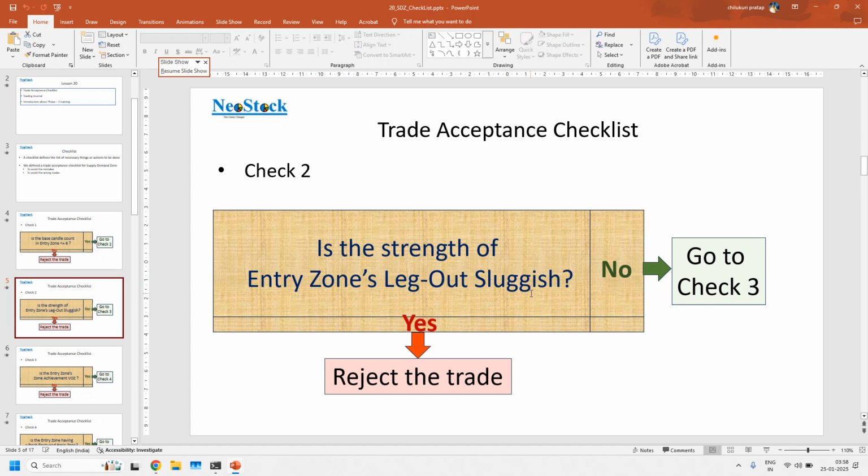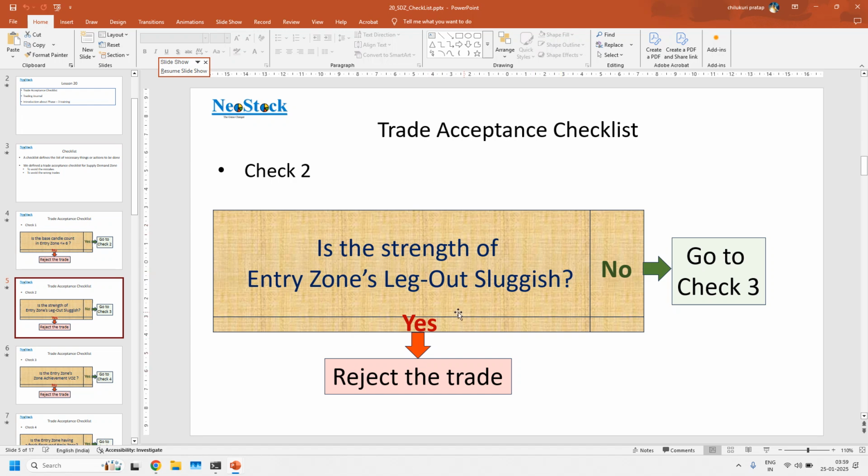High liquidity zones work even if the zone leg out is sluggish. It works. That is the beauty of the high liquidity zone strategy. So I don't want to filter those stocks. This is the reason why I did not include that in the software. Otherwise the sluggish zones would be eliminated and we would be missing high liquidity zone trades, especially the high liquidity zone strategy that you learned in the previous lesson.